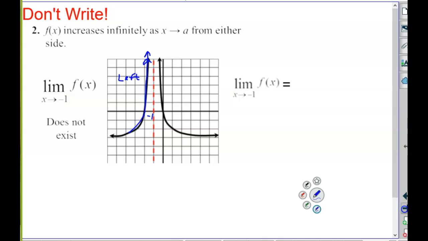So in this case, if I look at the limit as x approaches -1 from the left of f of x, that's going to infinity. Now, infinity is not a number. It's a concept, because we can't ever reach it. So we're going to a place that we can't ever get to. Now, does this limit exist?